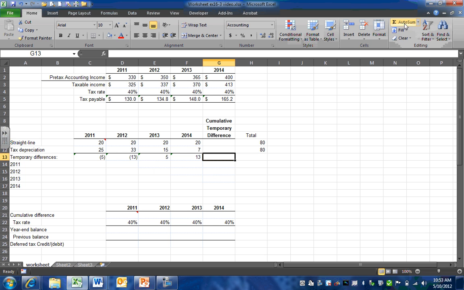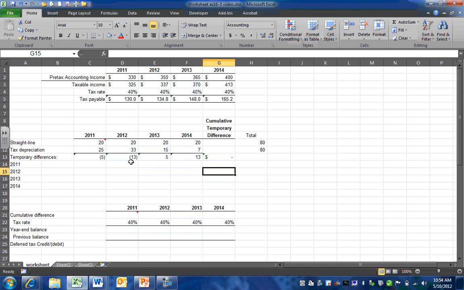So at the end of the day, there will be no difference in what's reported on the income statement and what's reported on the tax return. When I say the end of the day, I mean at the end of 4 years. At the end of 4 years, we will have shown $80 million in depreciation expense on the income statement, and we will have deducted $80 million on our tax return.